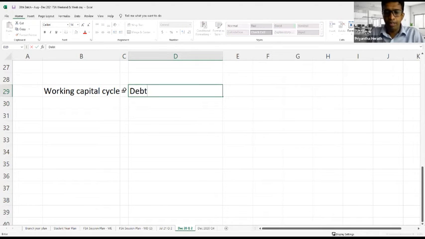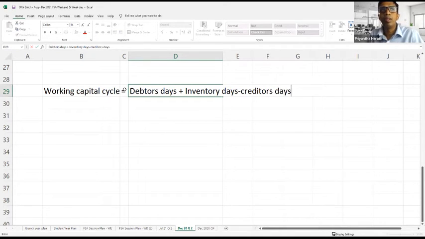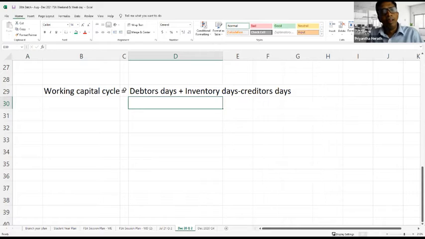We need debtors days, plus inventory days, minus creditors days. This is how we calculate the working capital cycle. It is the total time period taken to process raw material, sell the goods, and collect payment from customers.